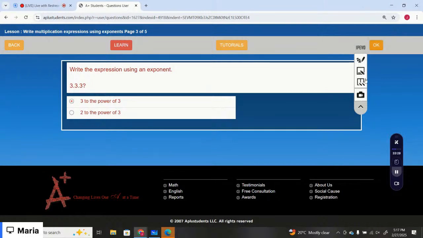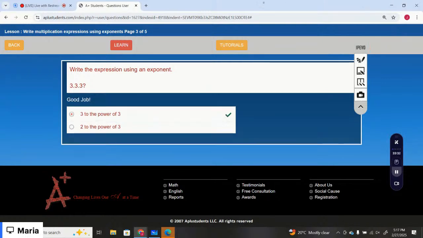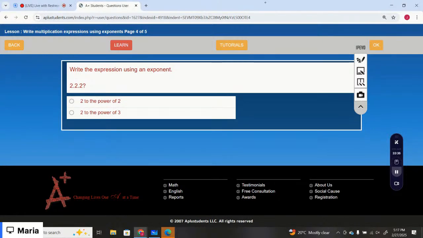That is 3 to power of 3. Option number 1 is the correct option. Write the expression using an exponent.